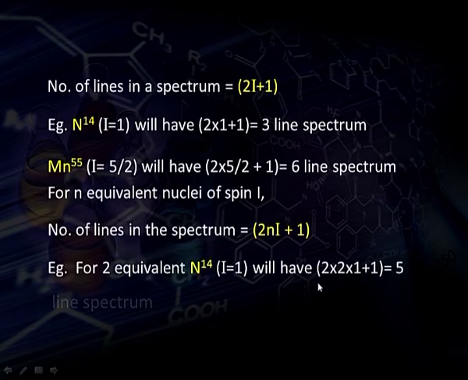So, in case of N14, if a single electron is interacting with 2 equivalent N14, then the spin is equal to 1. According to the formula, we have 2 into 2, this 2 is the number of nuclei, into 1, 1 is the spin of the nuclei, plus 1. So, it gives 5. So, we have a 5 line spectrum.